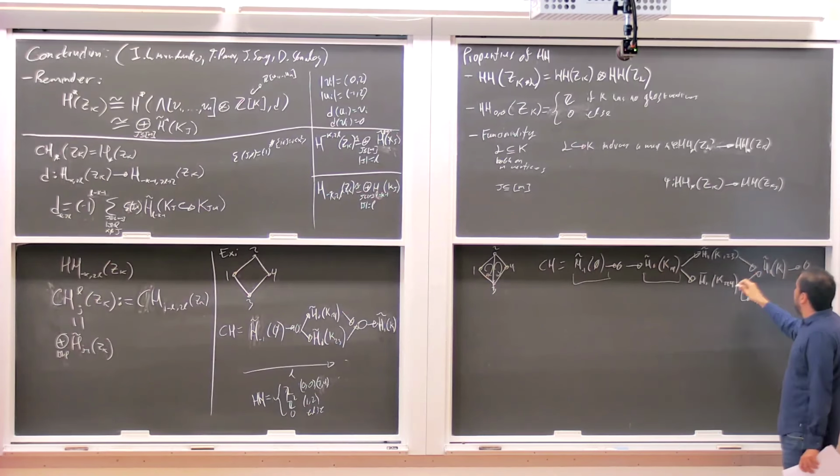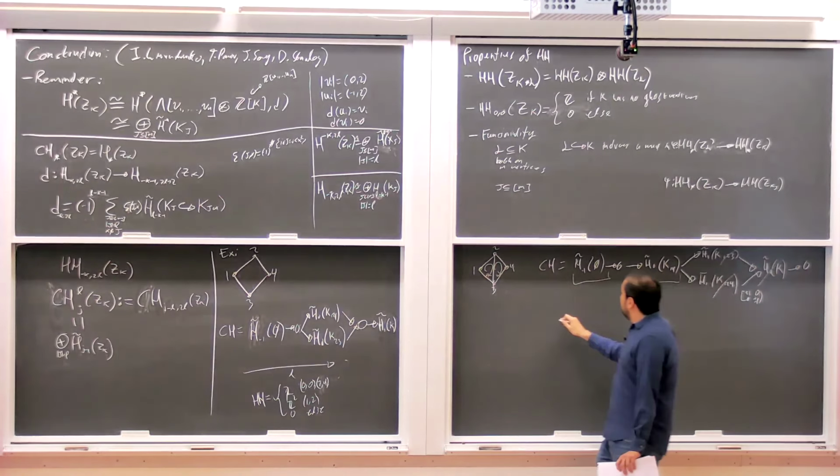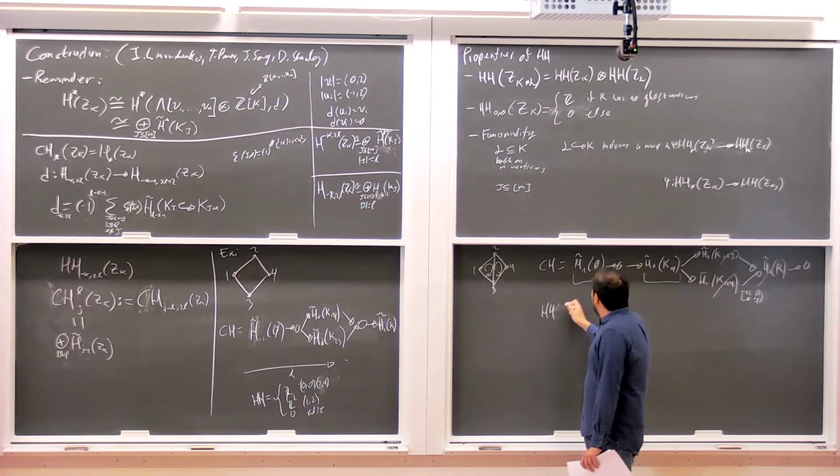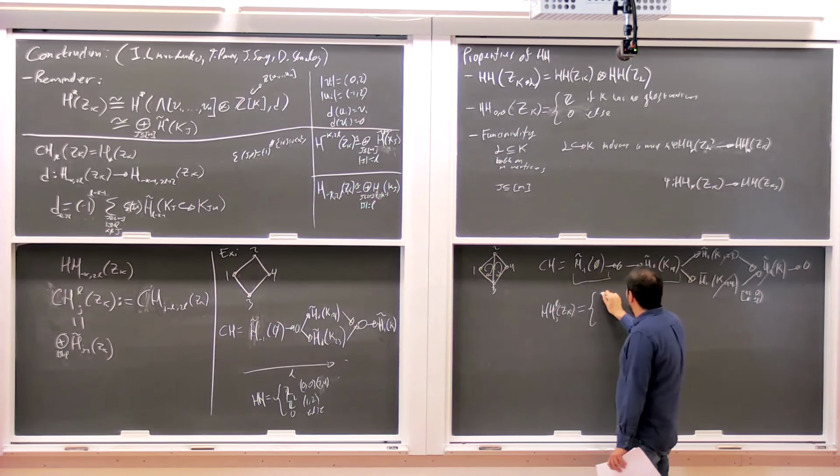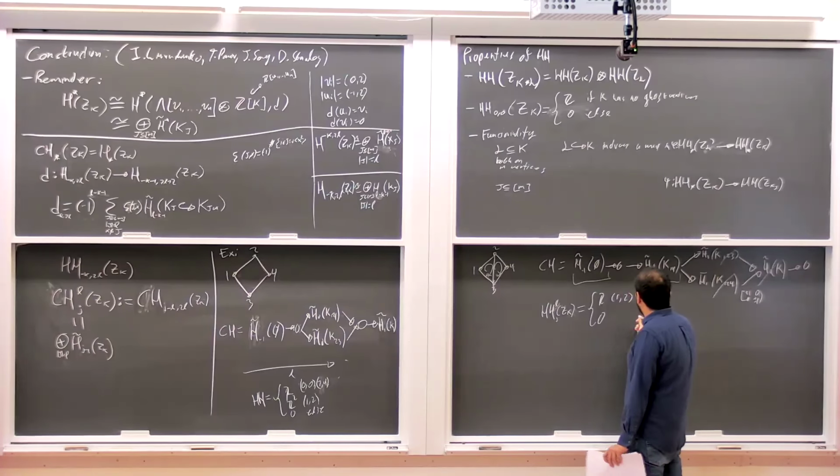So it's an isomorphism, and this cancels the homology. So then HH of this guy is just going to be a set in degrees 1, 2, and in degrees 0, 0.